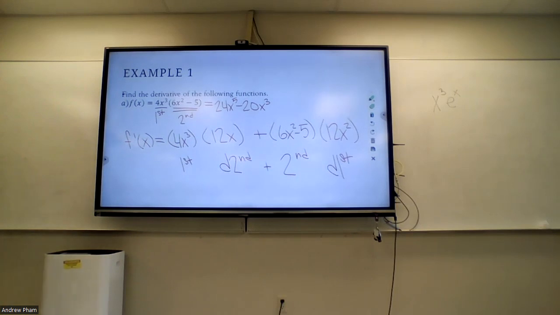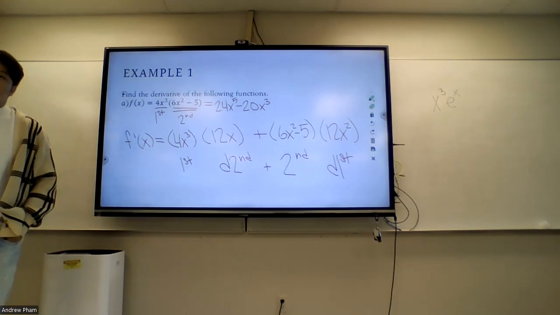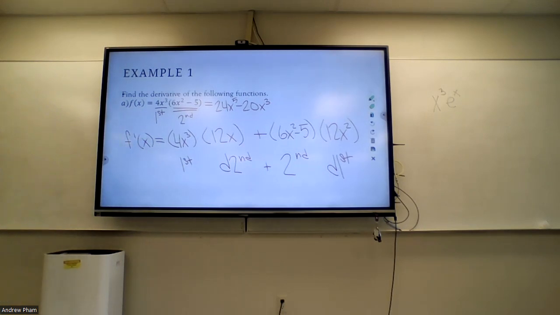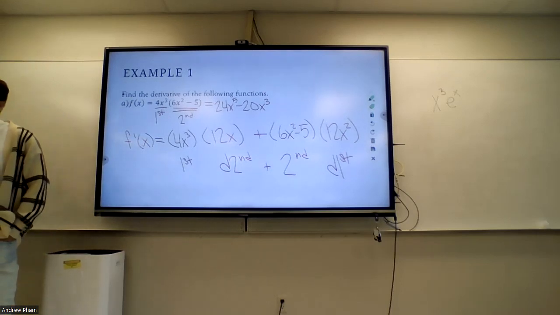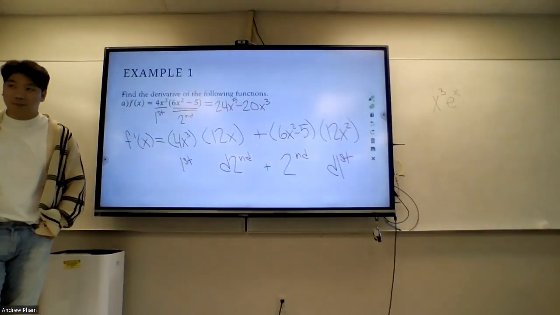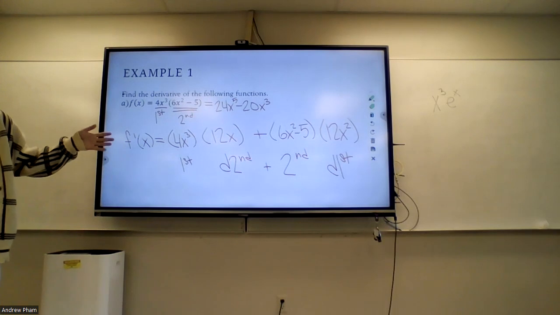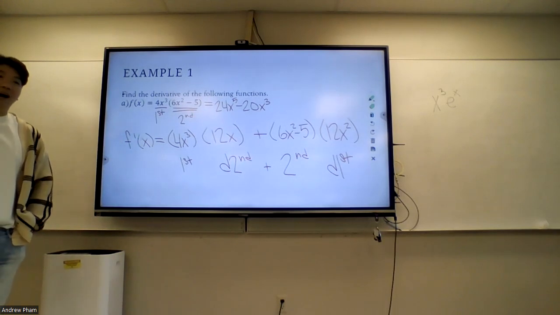So if I was able to multiply this out and then just use the power rule, then what's the point of really having a product rule? Why might it be necessary for us? In this case, it wasn't technically necessary, but when would the product rule be required?